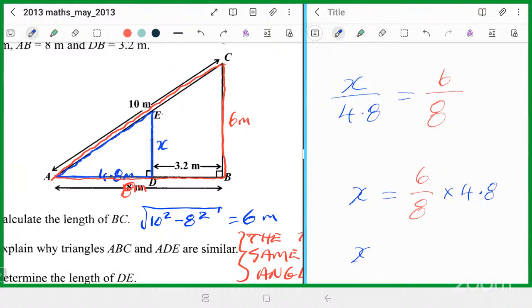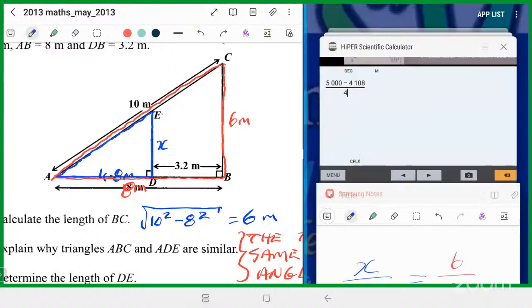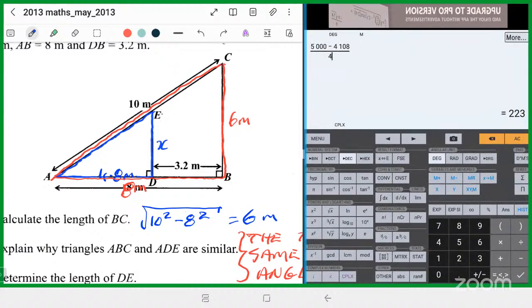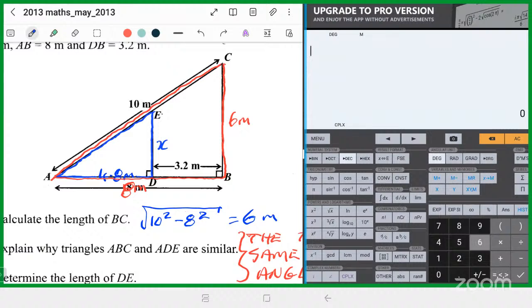That's going to give us the x. It's 6 over 8 times 4.8 over 2.